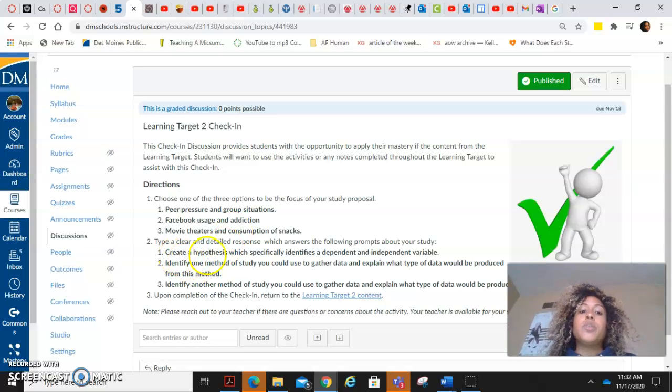So you're going to pick one of these three focuses. Then you're going to make a hypothesis, all right? Make sure that you underline the dependent and independent variables.